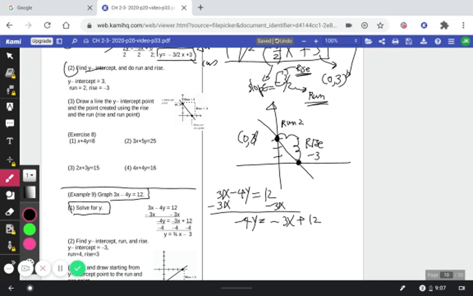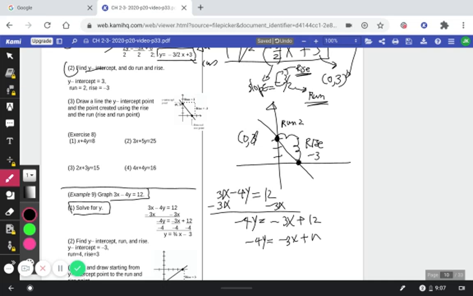And then you are looking for a y, not negative 4y. So what do you do? Well, you rewrite one more time, not to confuse with the question. And then you divide both sides by negative 4, each term.